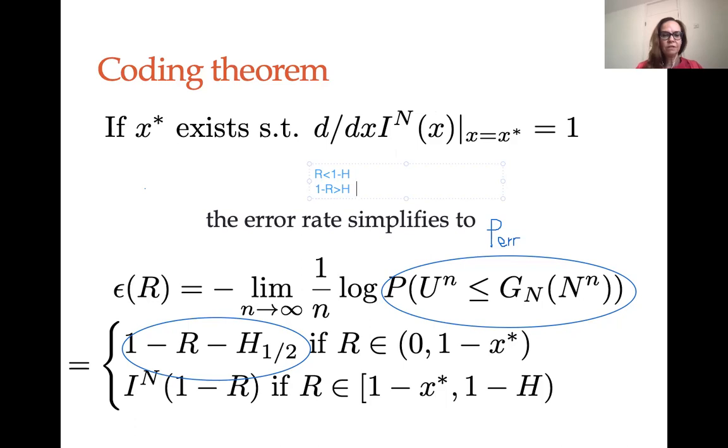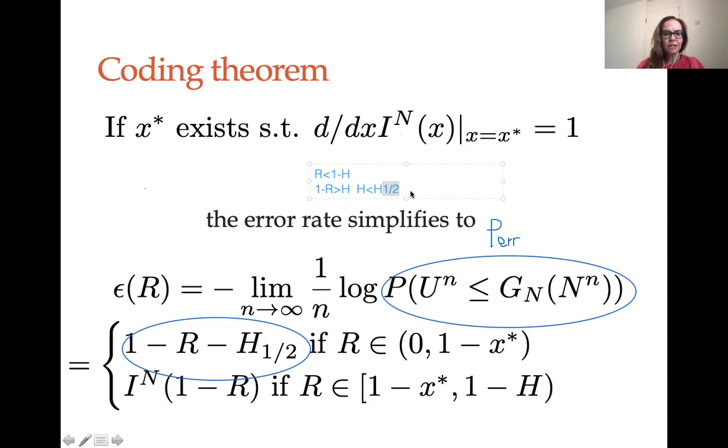And recall that h is less than h sub a half. I'm going to call it h1/2. So because of this, what do we have? We have that 1 minus r, which is greater than h. And then I have something which is going to be less than h1/2.